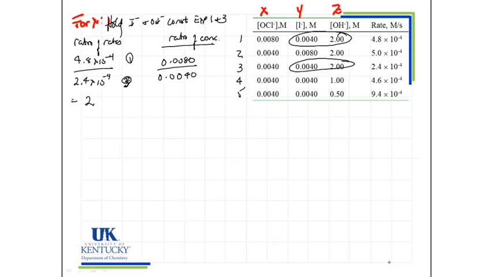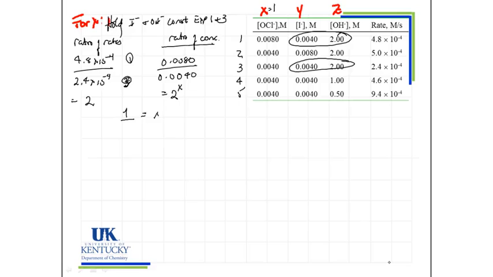And this is also equal to 2. So a doubling of the concentration yields a doubling in the rate. 2 raised to what power gives me 2? Well, x is equal to 1. And now we know it's first order in OCl minus.